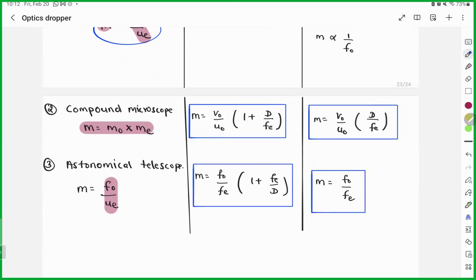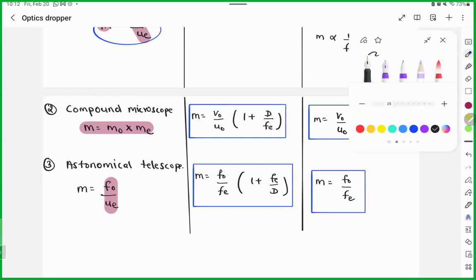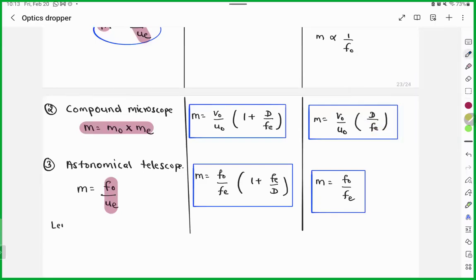Also, you have to use the length of the tube. Length of the tube in this case, L, will be equal to f naught plus UE.